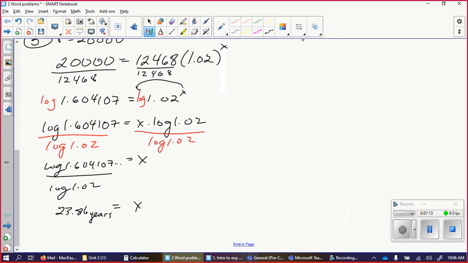So there's the power of logs. You can solve for an exponential equation. Stupid cord. If they make us do this again next year, I'm going to make them buy me a Wi-Fi or Bluetooth headset. This cord gets in the way.